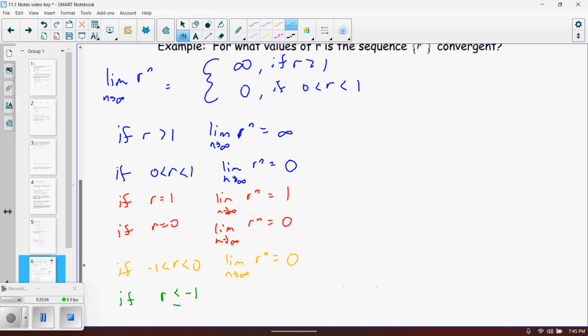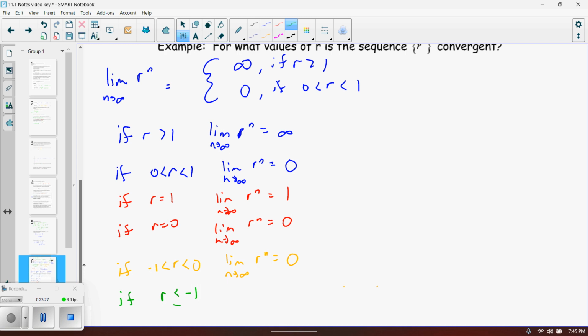And if r is a number which is less than -1, like let's just use -2 for example, when you start multiplying those together, you're going to get -2, +4, -8, +16, -32, +64. The numbers are getting bigger and bigger in their absolute values, and they're moving away from 0.